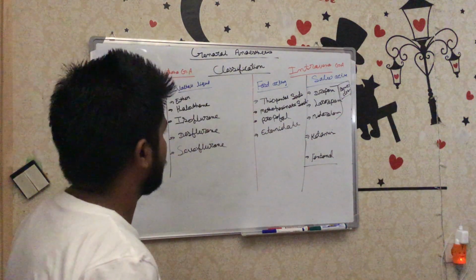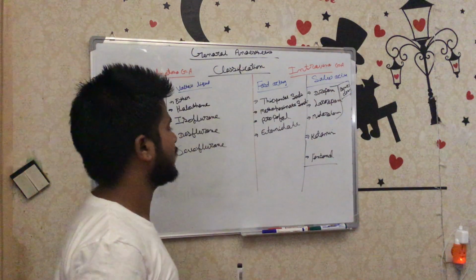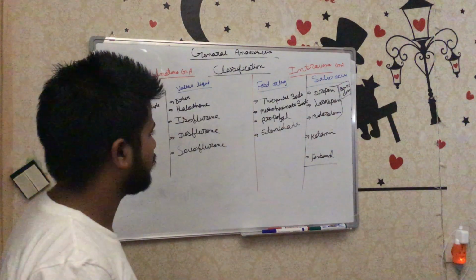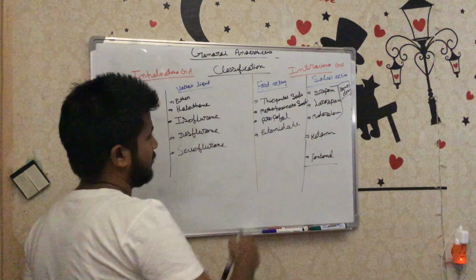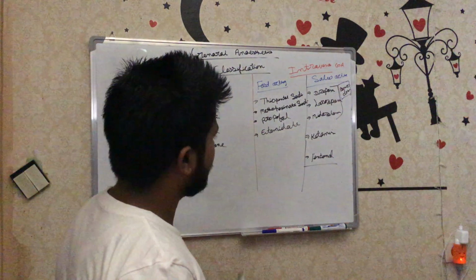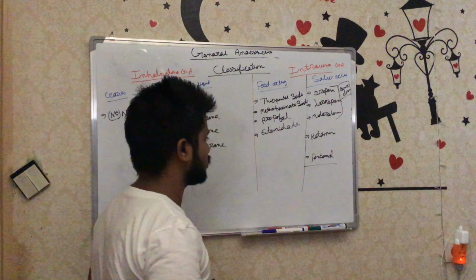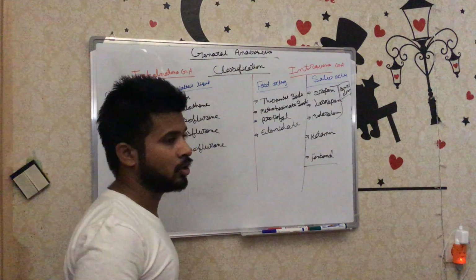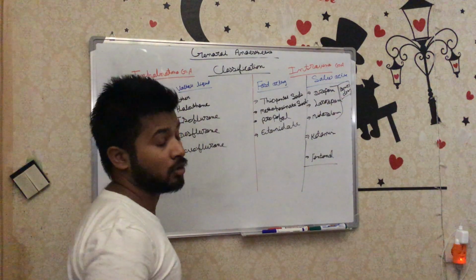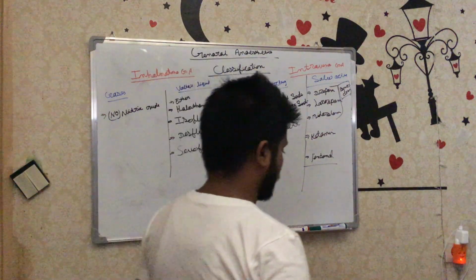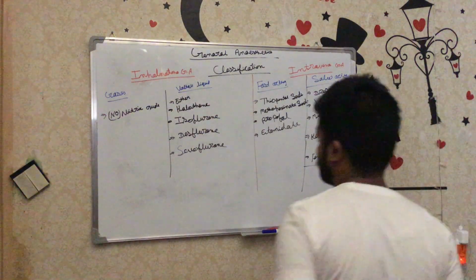These are the fast acting. And the slow acting have diazepam, lorazepam, midazolam, alprazolam, a lot of drugs which belong to the benzodiazepine group. And ketamine is a dissociative anesthetic. What is dissociative anesthesia? We'll discuss that also. And fentanyl is an opioid. We will discuss each drug.